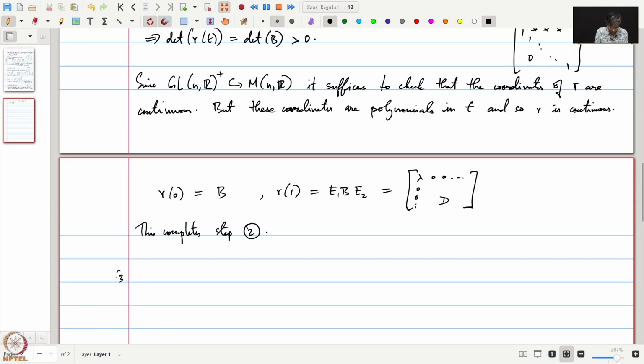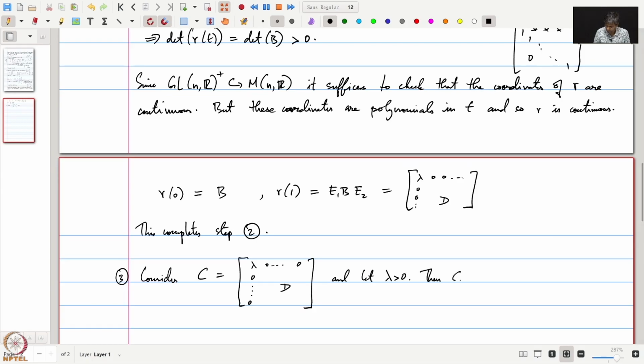Okay, so let's go to step 3. If lambda is positive, then consider this matrix C equal to lambda, zeros, D, with all these zeros, and let lambda be positive.